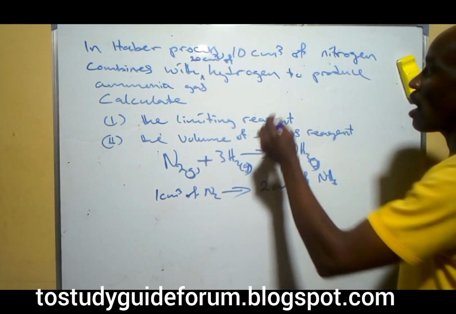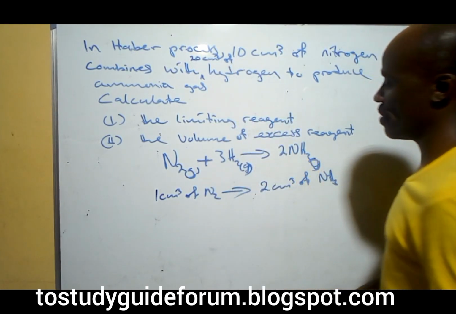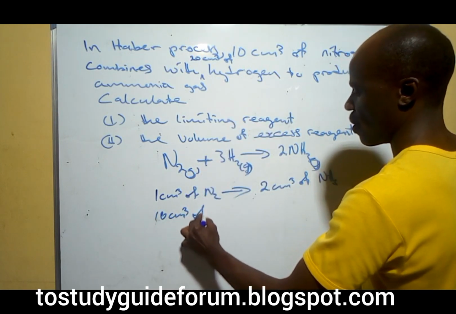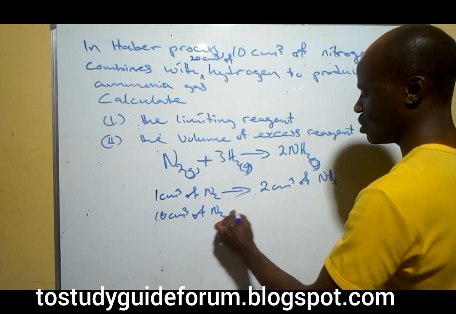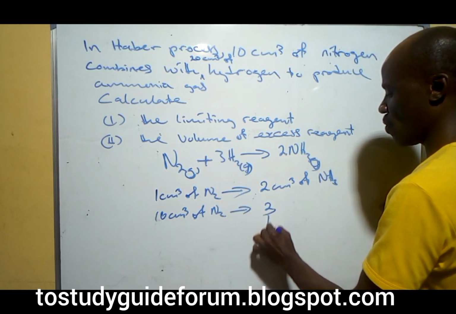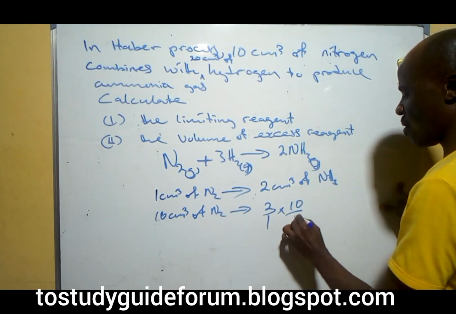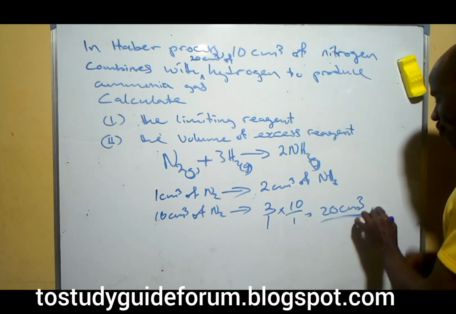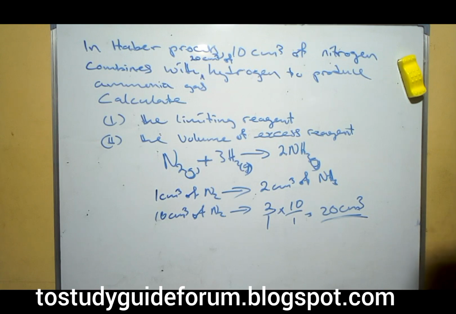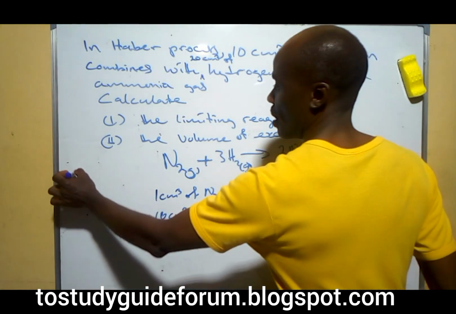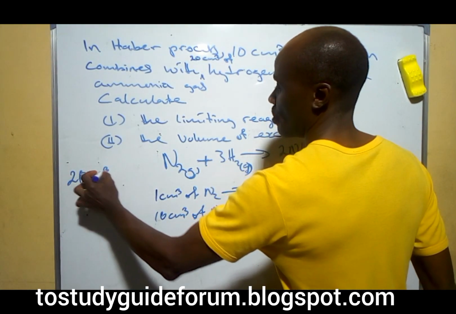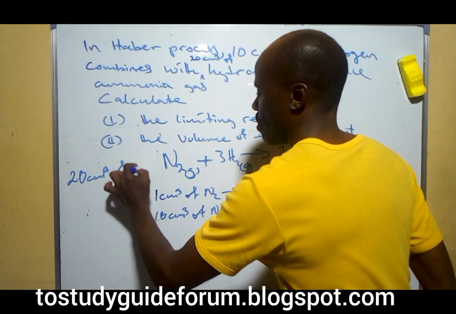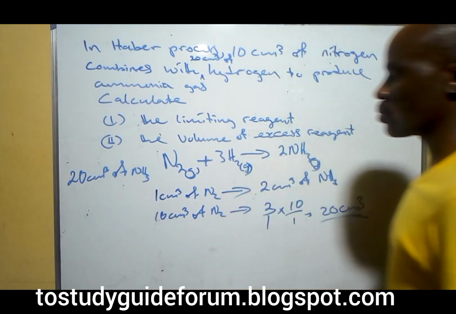So 10 cm³ of nitrogen will give us 2/1 times 10, that is 20 cm³ of ammonia gas.